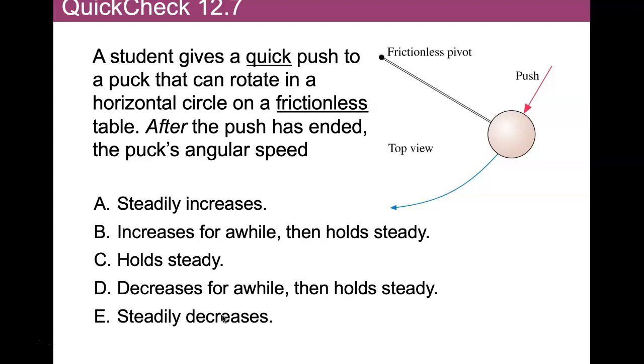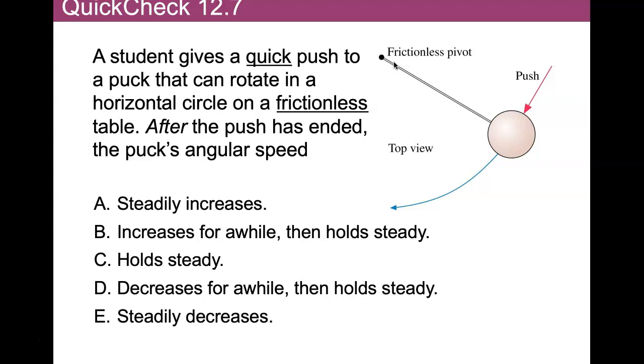So the force is in this direction. That force goes through the pivot, right? So the distance between the direction of the force and the axis of rotation is 0. So there is no torque.